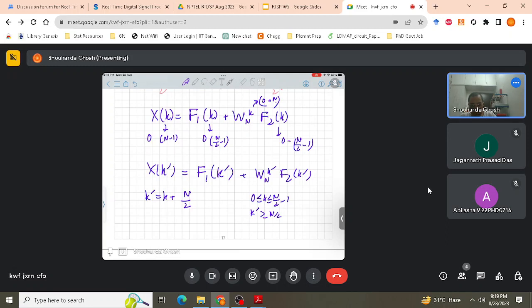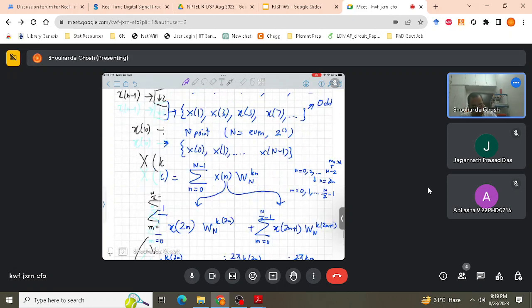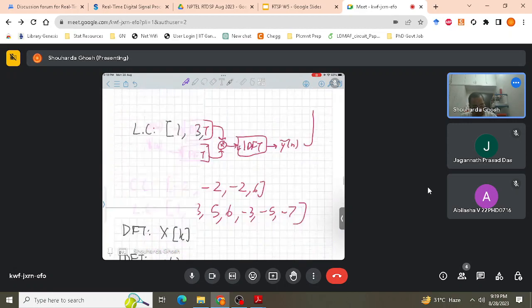So for the indices of x which are greater than N by 2, what can I write? X of k plus N by 2 is f1 of k plus N by 2 plus W_N to the power k plus N by 2 f2 of k plus N by 2. Now we shall use the old properties which we had learned just an hour back.